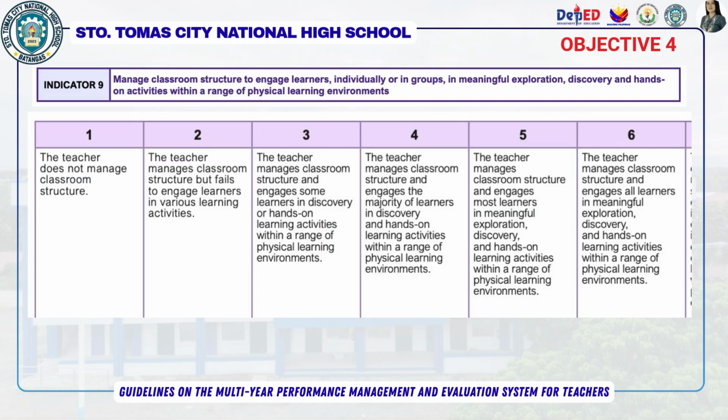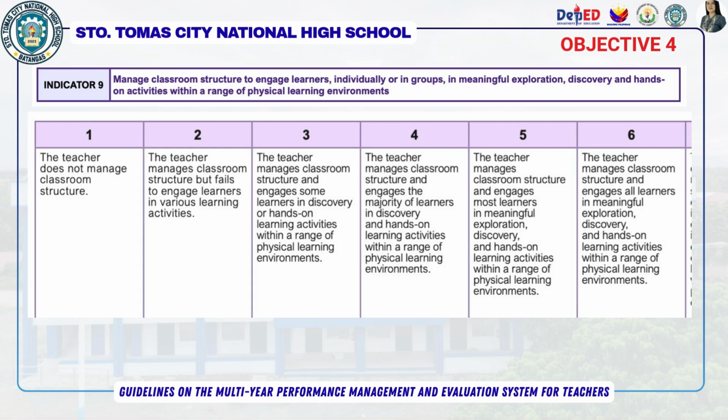Objective 4 addresses classroom management and physical environment. This isn't just about keeping things neat, it's about making the physical space work for meaningful, active learning. In the lower levels, the teacher either fails to manage the structure or fails to engage learners.